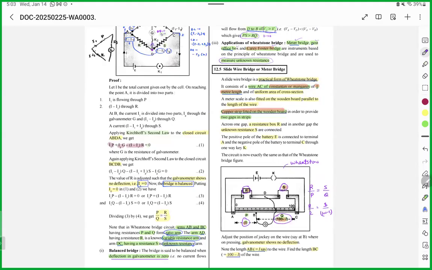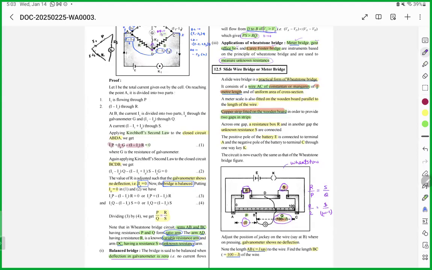Because I wanted to show you in a numerical how you will apply Kirchhoff's second law. For your NEET, you don't need this derivation, but you need to know how to apply Kirchhoff's second law. In Wheatstone bridge, you don't get many questions. It is easy, a straightforward ratio. And if you remember, you have the same thing in electrochemistry also.